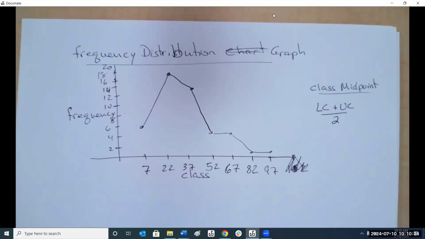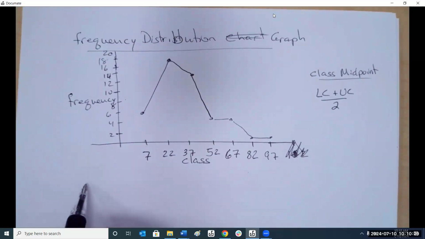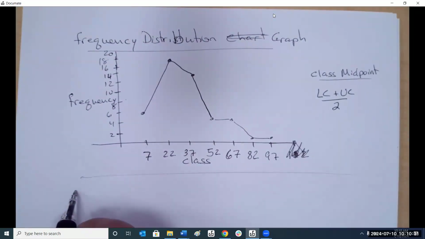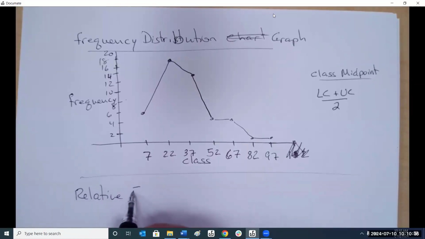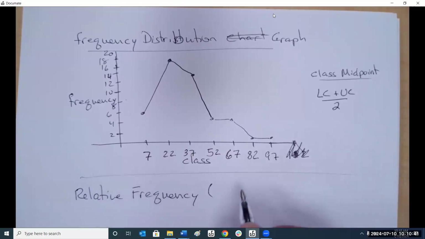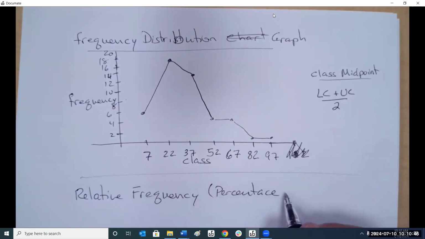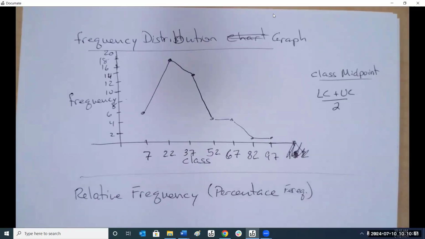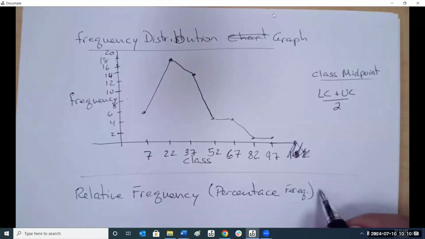So far, so good? There's another topic we talk about. It's called relative frequency, or we call it a percentage frequency distribution.